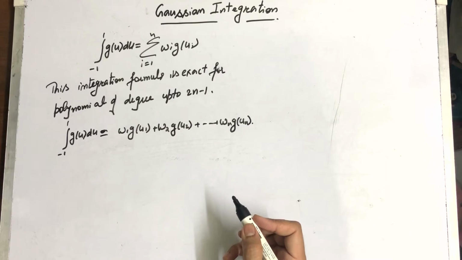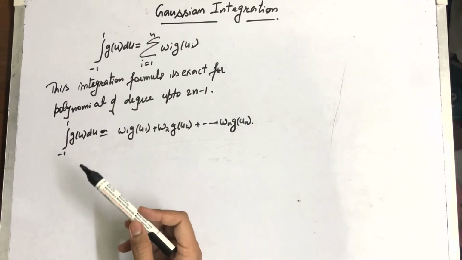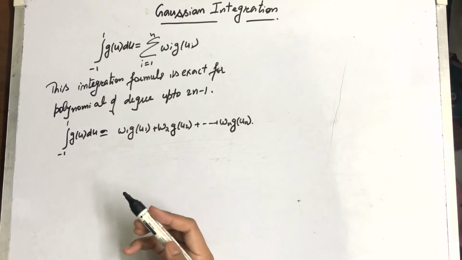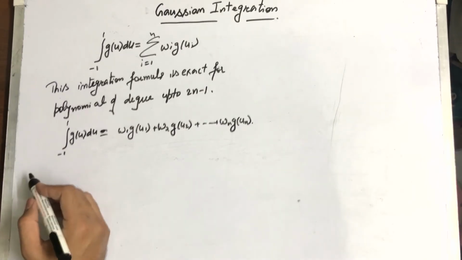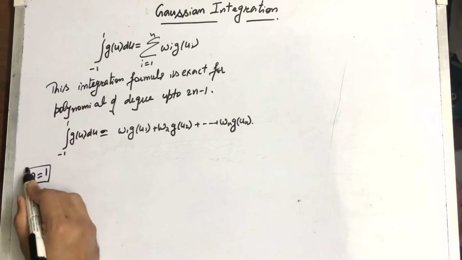Now for numerical application, this formula is used as a 1-point Gaussian formula, 2-point Gaussian formula and 3-point Gaussian formula. Let us derive the 1-point Gaussian formula. That means we put n is equal to 1 here.